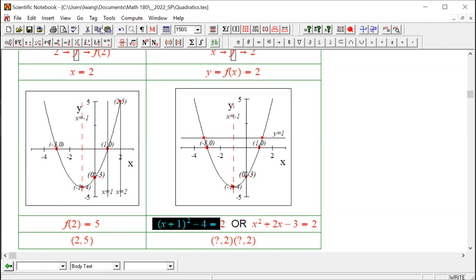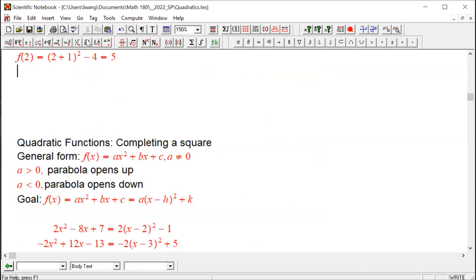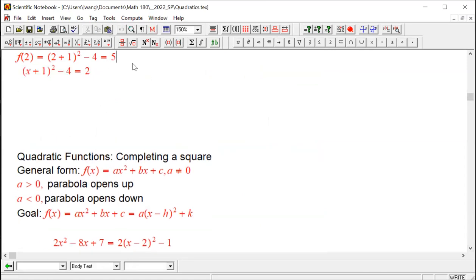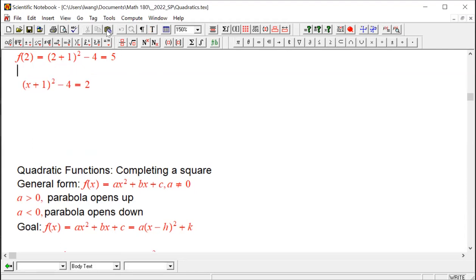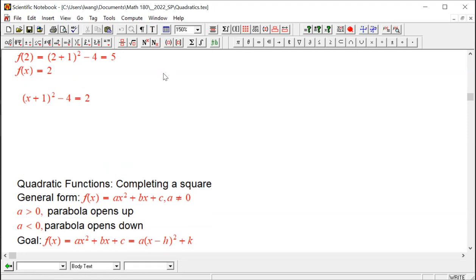On this other one, we're going to have to draw the horizontal line, but first let's solve it. So for f of x equals 2, there's no need to be confused, because it tells us f of x equals 2, and this is f of x.